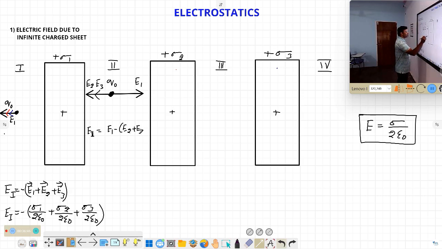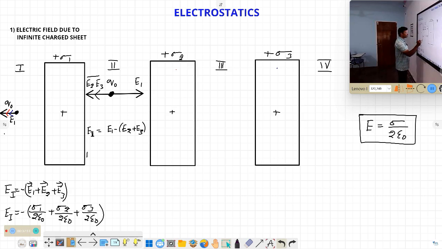Both are opposite. E2 plus E3, okay, sorry, this is only our requirement. This is E1 plus E2, so E1 plus E2 plus E3, because E2 plus E3 both are combined, E1 is opposite, so E1 minus E2 plus E3.